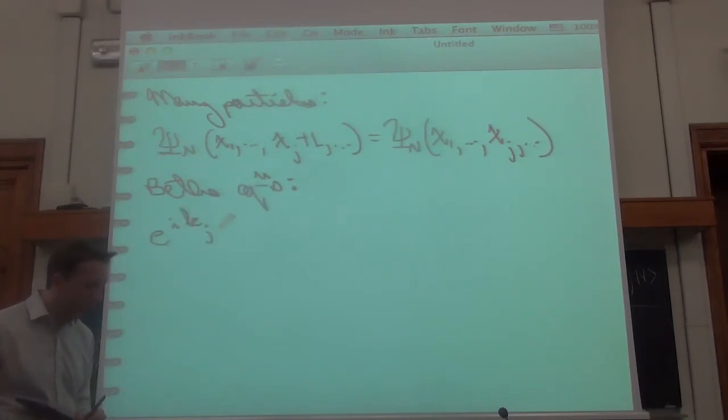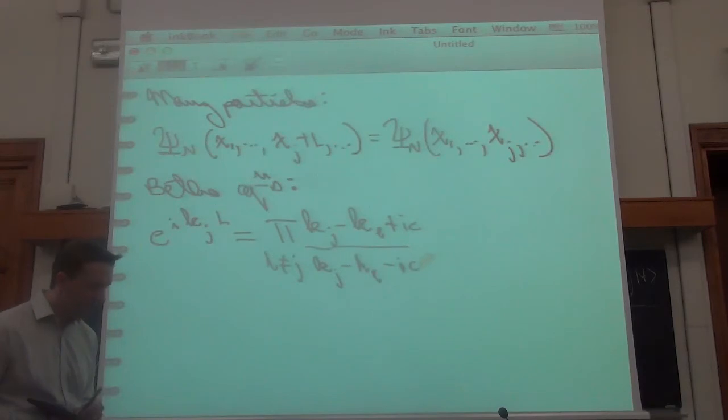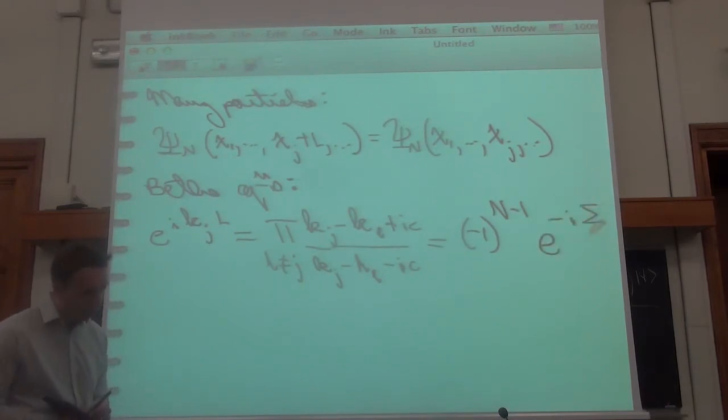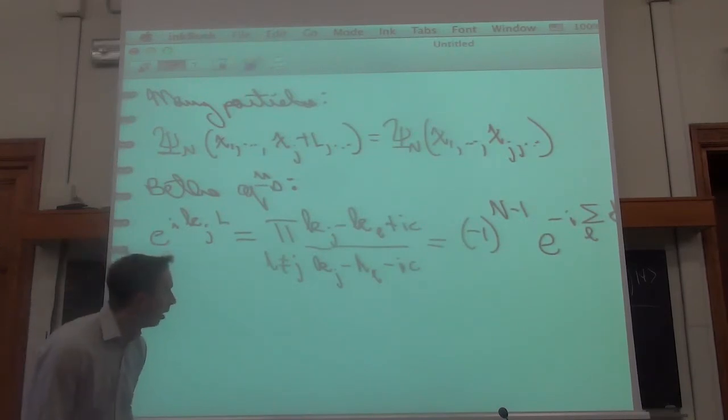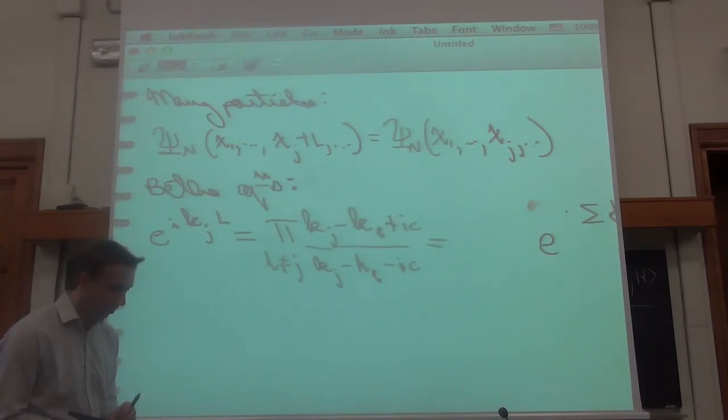So e to the I Kj L is equal to the product over L different than j of (Kj minus KL plus Ic) divided by (Kj minus KL minus Ic), and this is minus 1 to the n minus 1 times e to the minus I summation over L of phi of Kj minus KL.